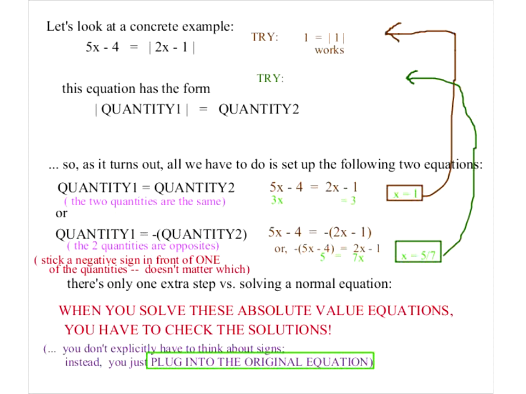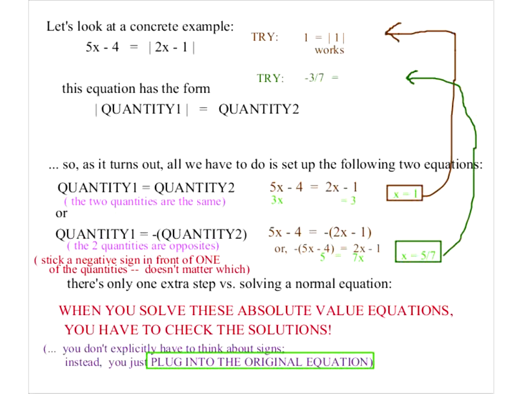5x minus 4 is 20 over 7 minus 28 over 7. That's negative 8 over 7 equals, and then the right-hand side is 10 over 7 minus 1. 5x minus 4. I made a mistake.